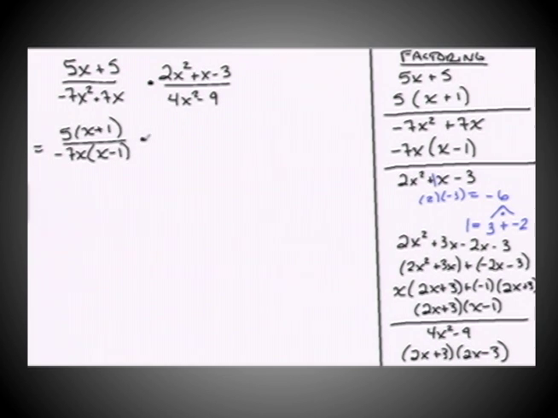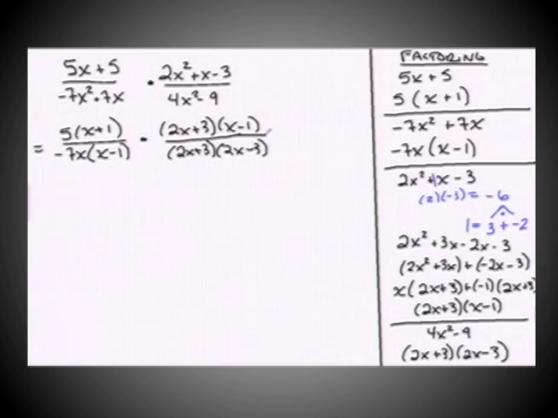And we're going to multiply that with (2x plus 3) times (x minus 1) divided by (2x plus 3) times (2x minus 3). That difference of squares there.